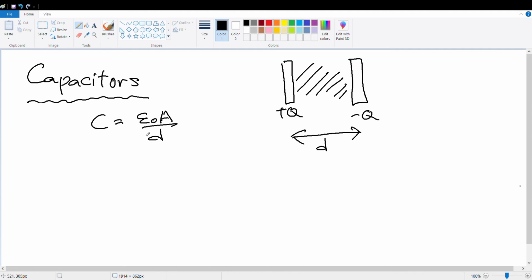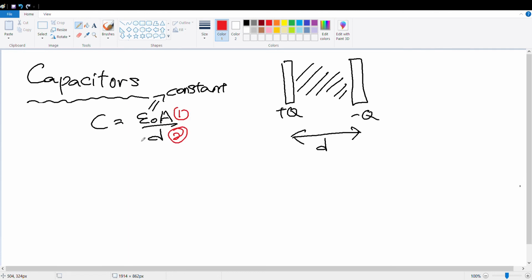The capacitance is equal to epsilon naught A over D. Since epsilon naught is the permittivity of free space, this one is a constant. So what is actually changing is this one, and this one.